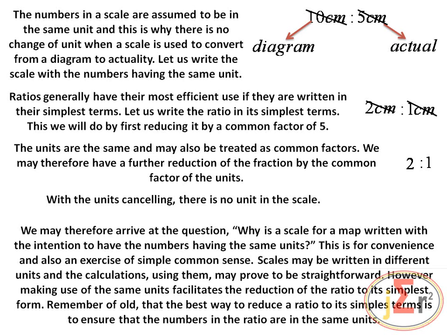However, making use of the same units facilitates the reduction of the ratio to its simplest form. And remember also that the best way to reduce a ratio to its simplest terms is to ensure that the numbers in the ratio are in the same unit.